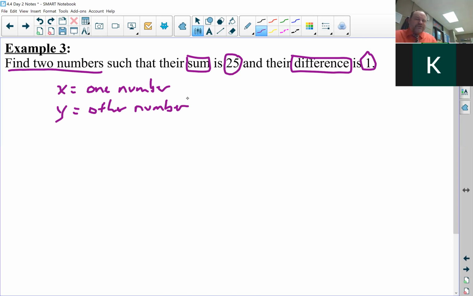All right, so it says their sum is 25. What operation in math gives me an answer that's the sum?